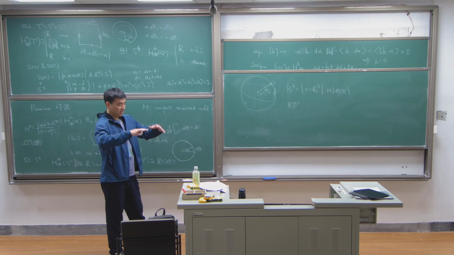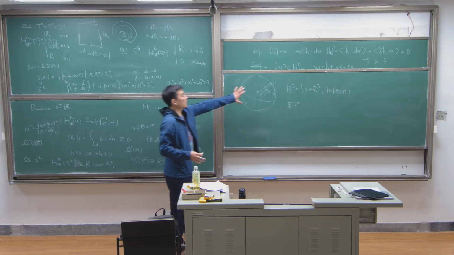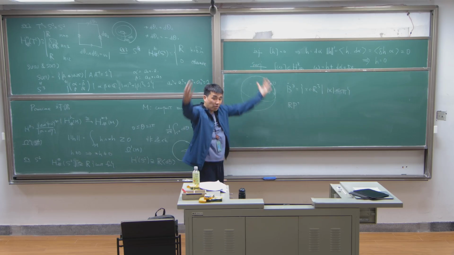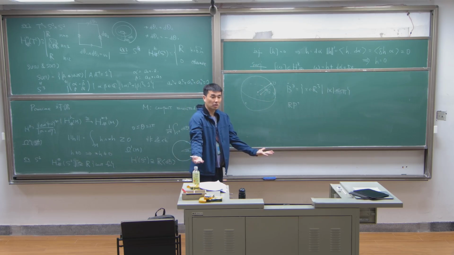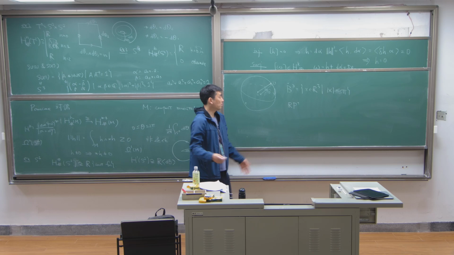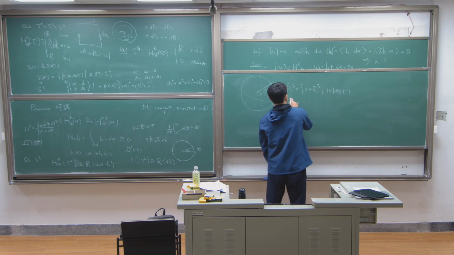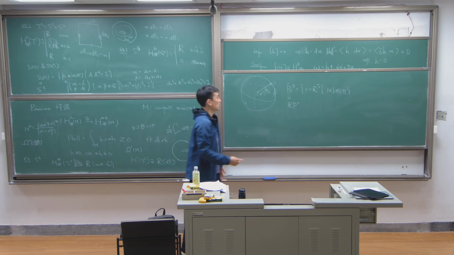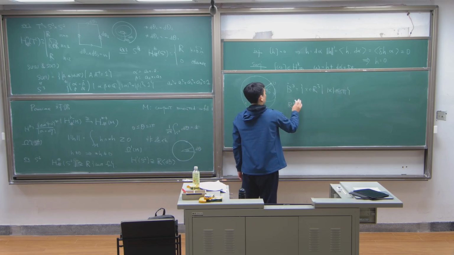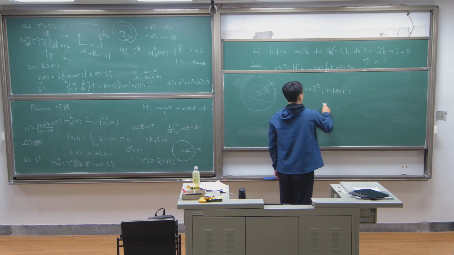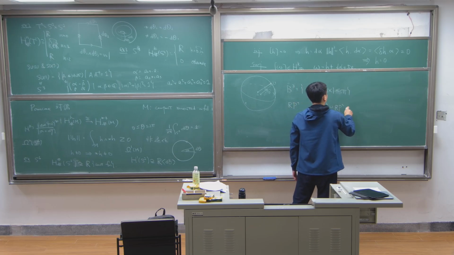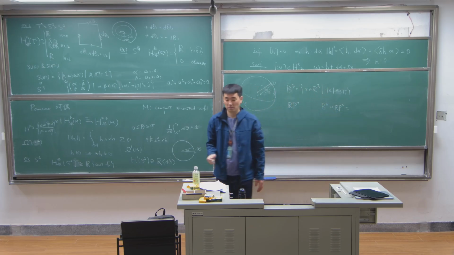So inside you have B3. At the boundary, you have RP2. And in total, it becomes B3 plus RP2 at the boundary. So for RP3, RP2 is equal to what as a manifold?